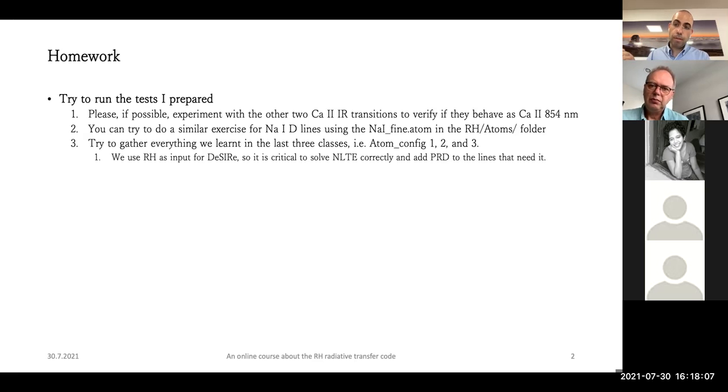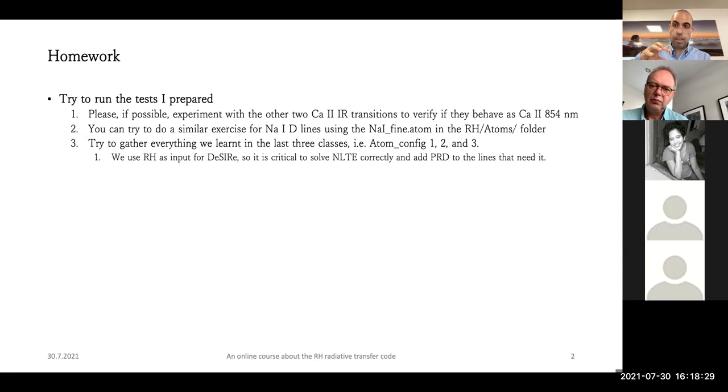understand everything that we have done, because it's going to be the initial configuration that you will use for the inversions. So you will set nodes like we did with SIR. You will set different inversion configurations, so temperature will be a free parameter, magnetic field, velocity, but we need to solve a non-LTE problem.